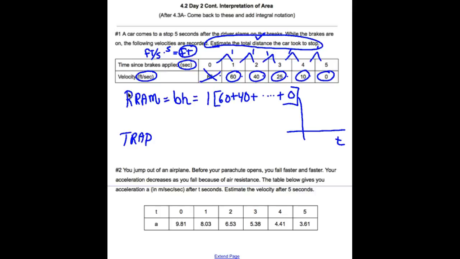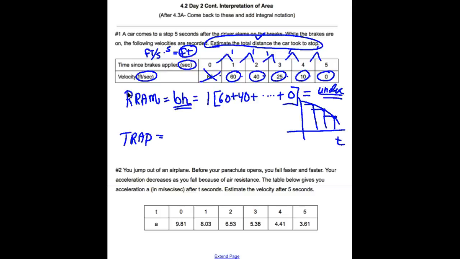And that's all about rectangles, which is base times height. Because that was a decreasing function, when you do right rectangles on a decreasing function, you get an underestimate. So whatever the answer to this is, which I don't have a calculator on me, will be under the actual amount.